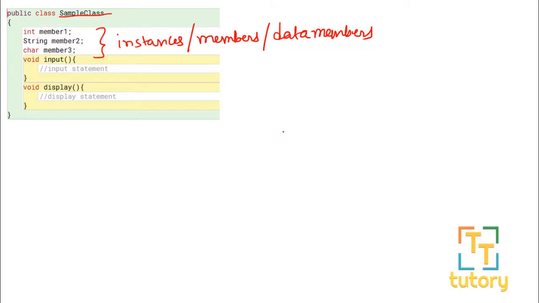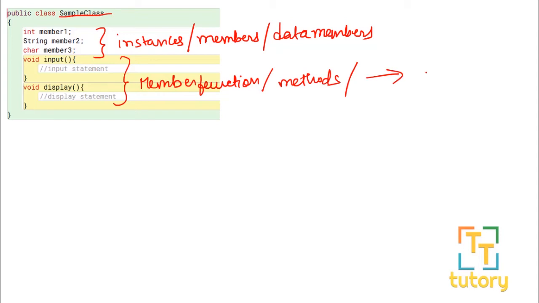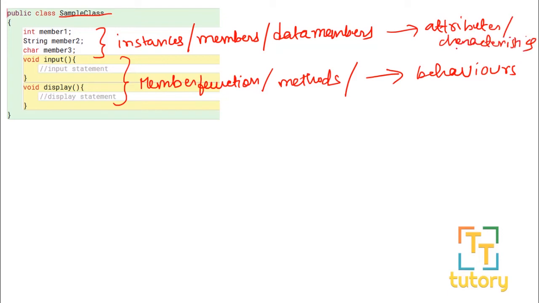And these functions are known as member functions or methods, which in the real world correspond to behavior, and these instances correspond to attributes or characteristics.